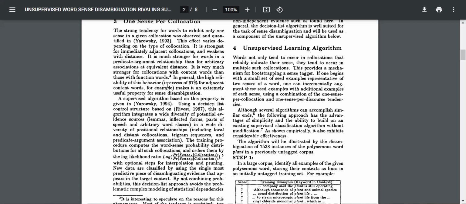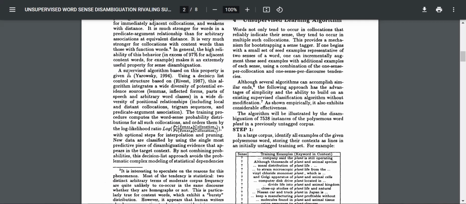So I guess this also makes sense because content words being together gives us much more information than the words it is being together with. So in excess of 97% for adjacent content words makes it an extremely useful property for sense disambiguation. A supervised algorithm based on this property is given in Yarowsky 1994 using a decision list control structure based on Rivest 1987.